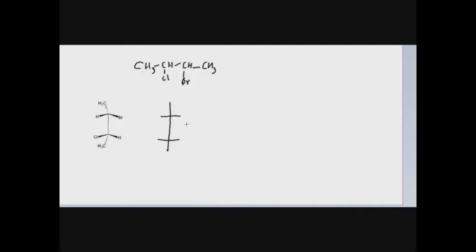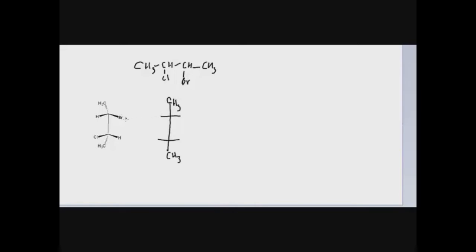Then we can just simply complete the molecule. We've got a CH3 here at the top. We have a CH3 at the bottom. Now we don't care about the three-dimensionality of the CH3 group. Remember, this is a two-dimensional drawing, so we'll just simplify and write it as CH3.